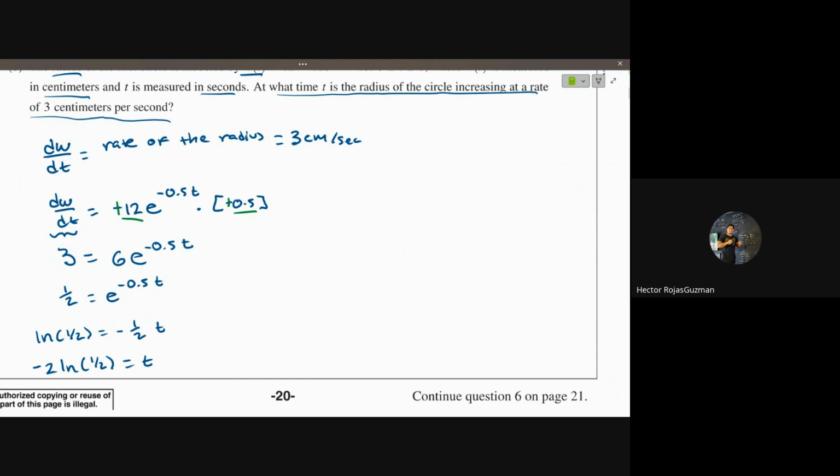But I do see that in the solutions, they simplify it even further. And this is extra, okay? This should be fine. But if you want to take it a step further and realize how the solutions show the answer, what you can do is take the negative and move it to the inside of the logarithm.